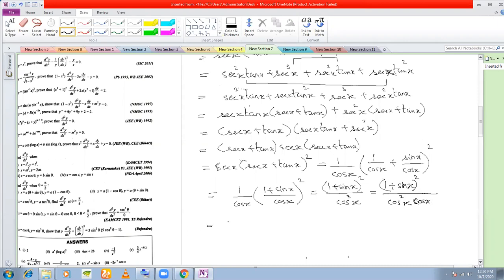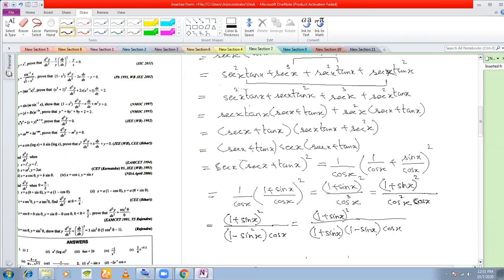So what you get here is (1 plus sin x) whole square divided by, you can write cos square as 1 minus sin square, into cos x. Now this is (1 plus sin x) whole square, and in the denominator you can break 1 minus sin square as (1 plus sin x) into (1 minus sin x) into cos x.